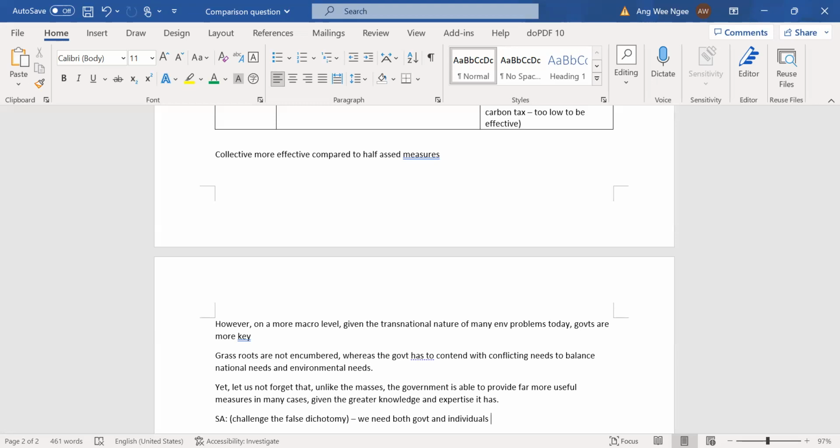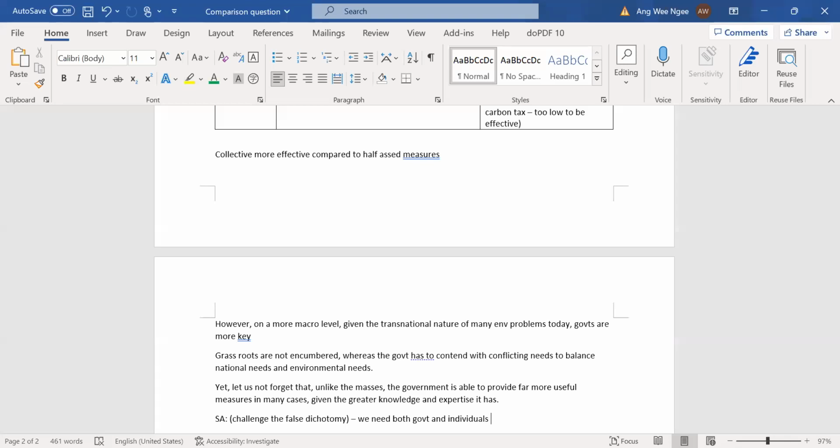An example of this could be, for instance, let me think. This is often seen in the issue of waste prevention. While governments can implement measures to reduce overconsumption, it is really up to the individuals to cut our unnecessary purchases.